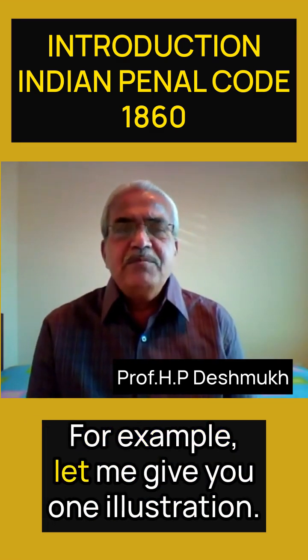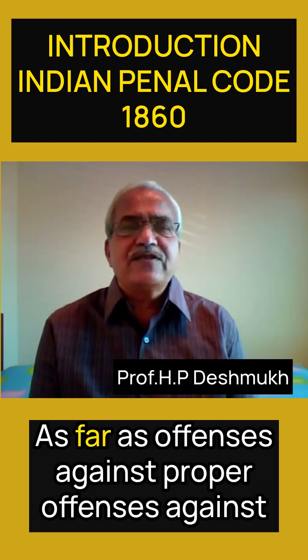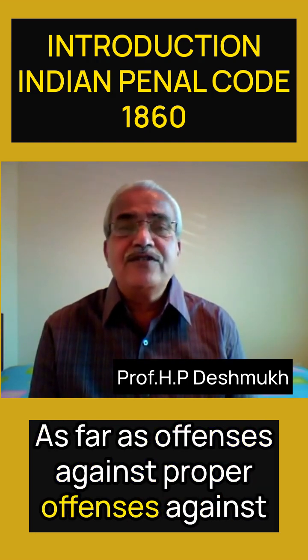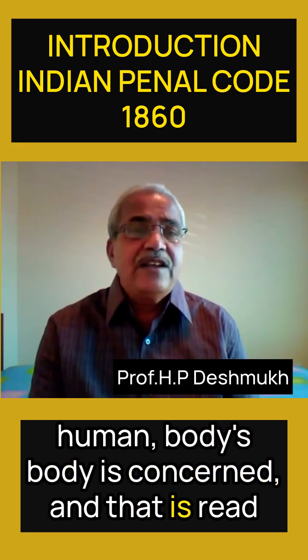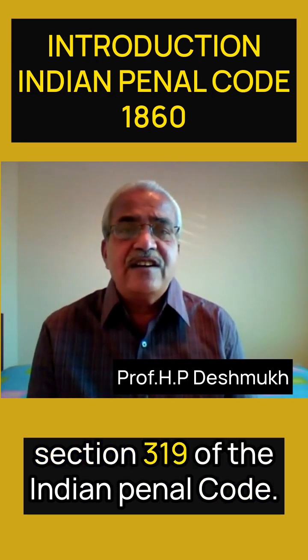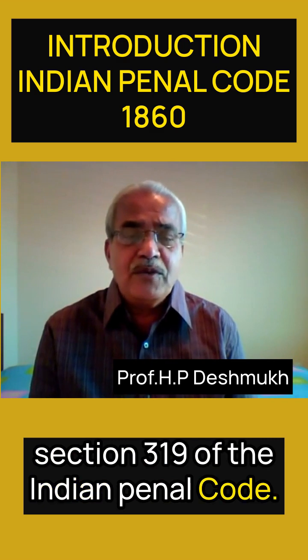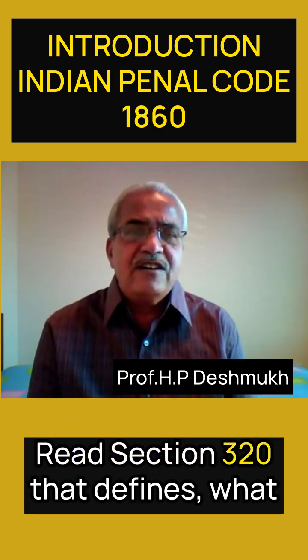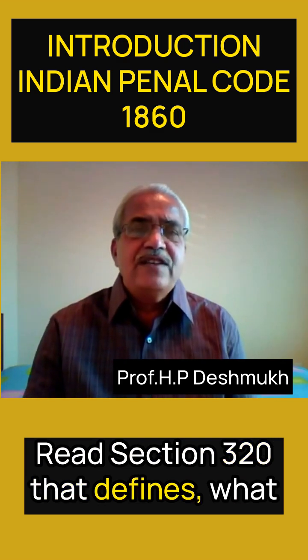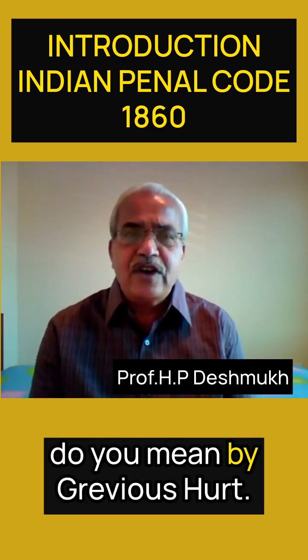For example, let me give you one illustration as far as offenses against human body is concerned, and that is, read section 319 of the Indian Penal Code that defines what you mean by hurt. Read section 320 that defines what you mean by grievous hurt.